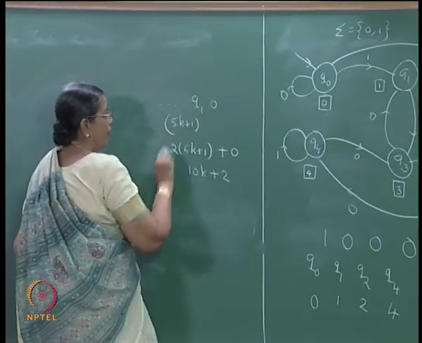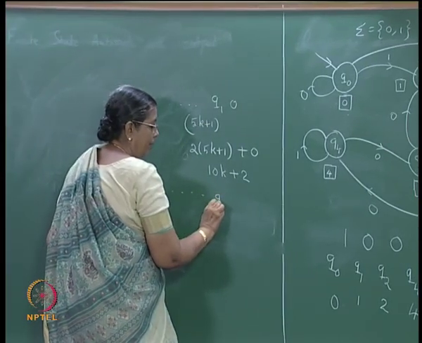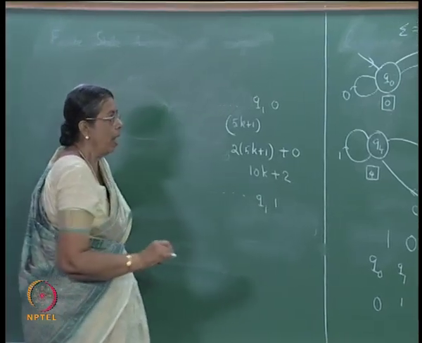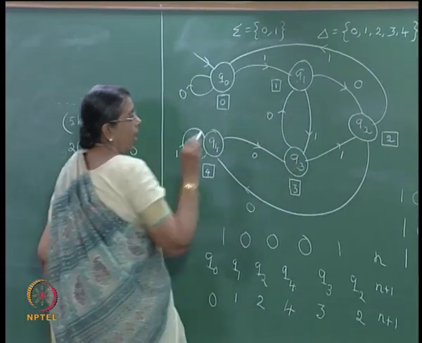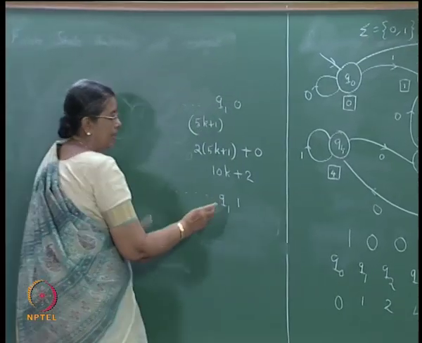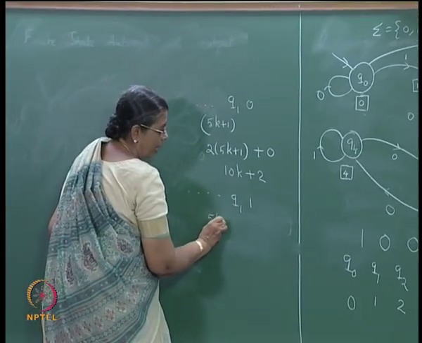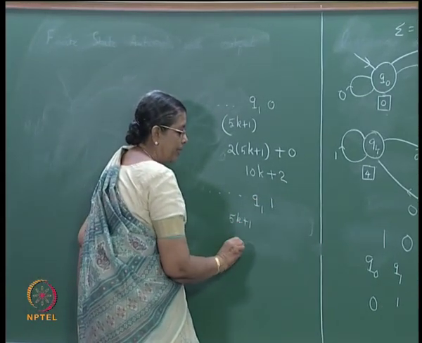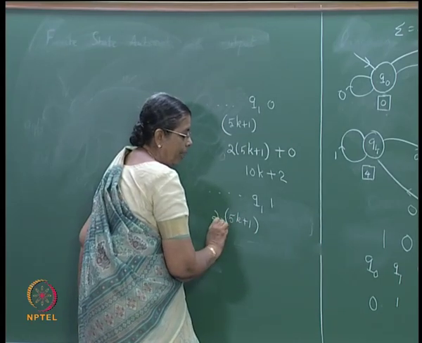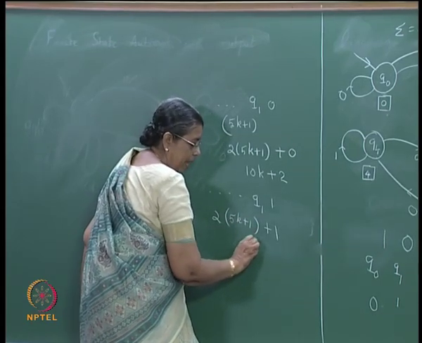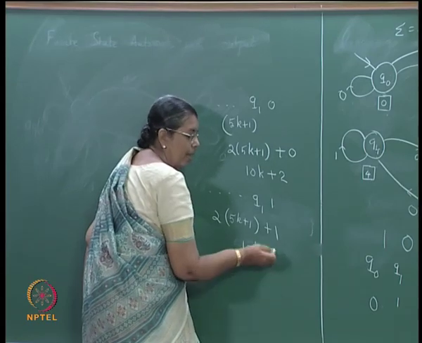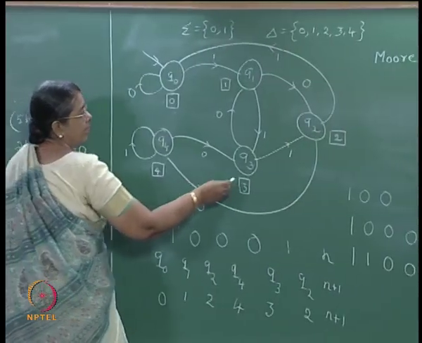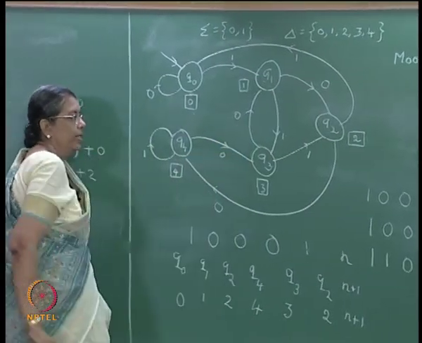On the other hand, suppose after reading something I am in state Q1 and I get the input 1, I go to Q3. How do I get this? This represents a number of the form 5k plus 1. When I get one more 1, the number represented will be 2 times 5k plus 1 plus 1, which is 10k plus 3, and when divided by 5 it will leave a remainder 3. And that is why this arc is drawn in this manner.